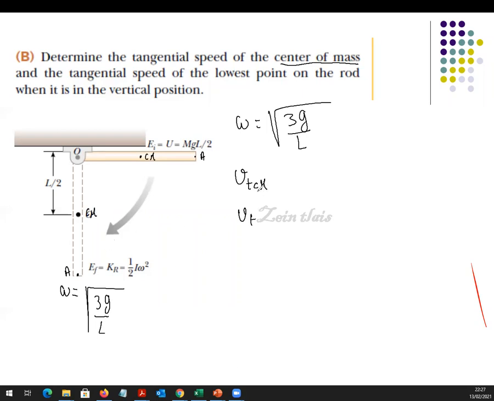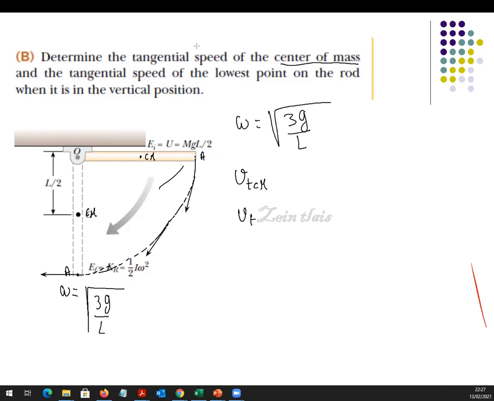I need to calculate the velocity. Initially we don't have velocity, and at the final position, as we have a circular rotation like this, V at the point A must be tangent to the trajectory, as we see. At this point it is tangent.